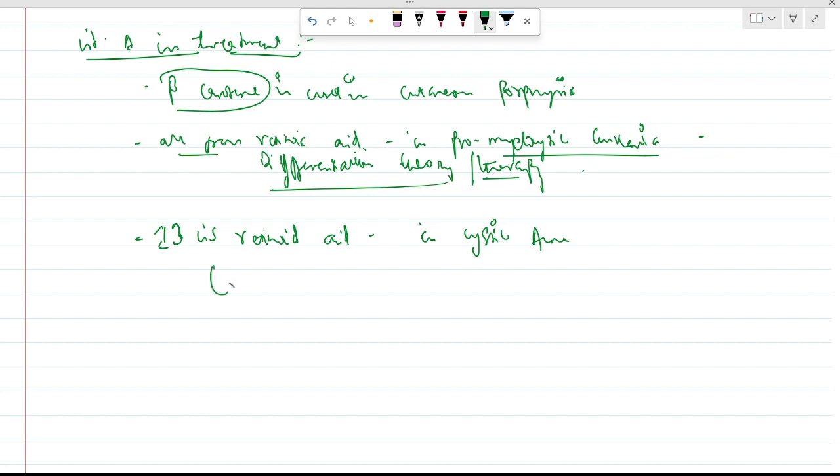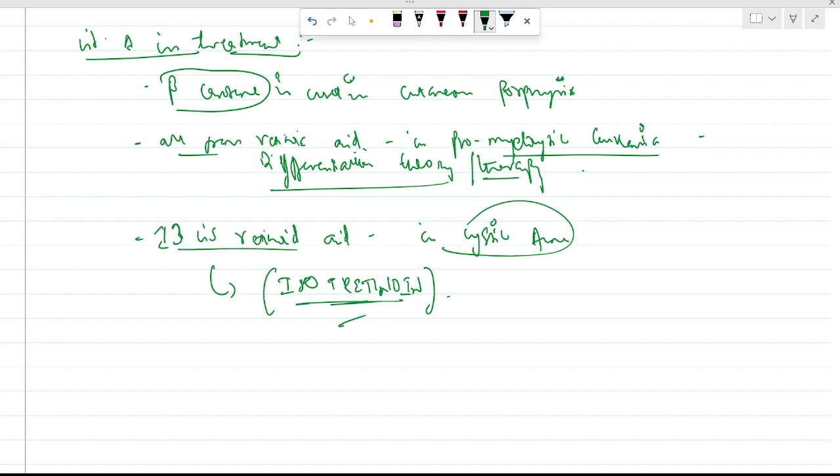The form of this used is, remember, isotretinoin. Confusing names, but once you study two to three times, you remember it. Cystic acne, isotretinoin, a form of 13-cis retinoic acid.